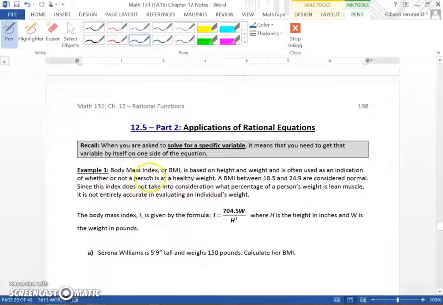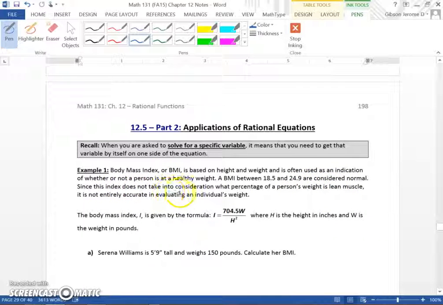Example 1: Body mass index, or BMI, is based on height and weight and is often used as an indication of whether or not a person is at a healthy weight. A BMI between 18.5 and 24.9 is considered normal.